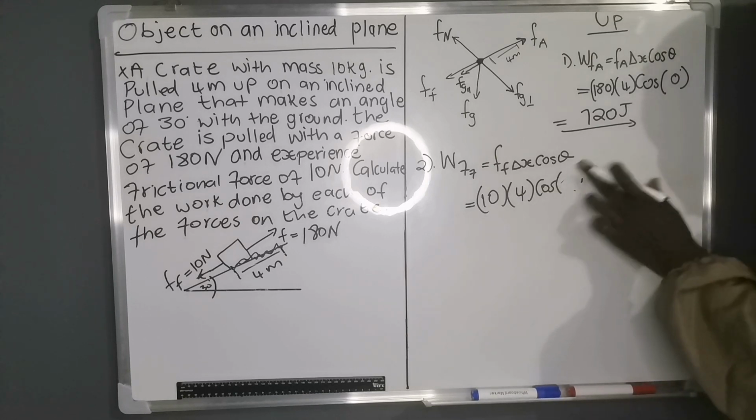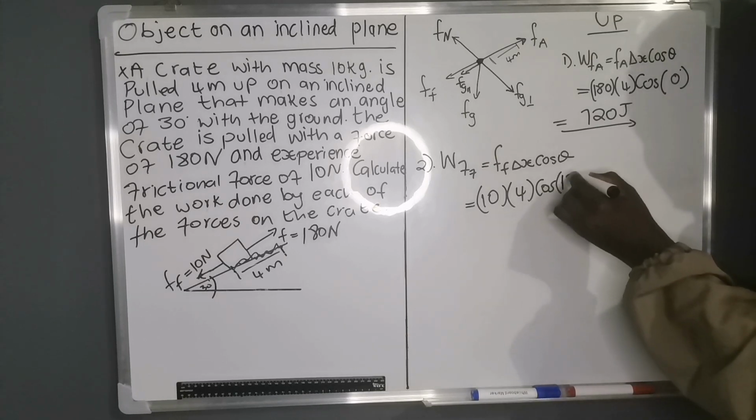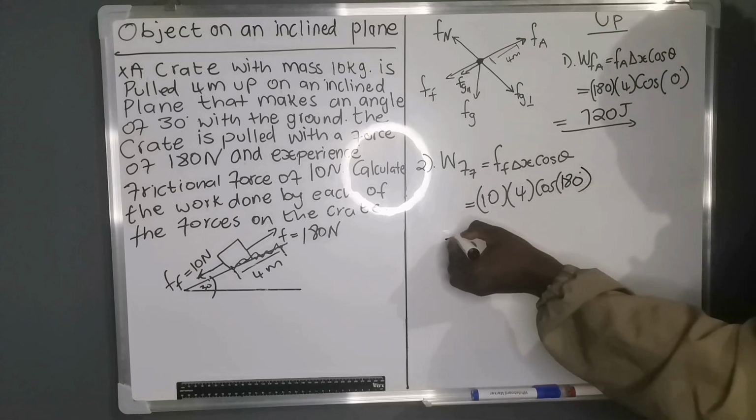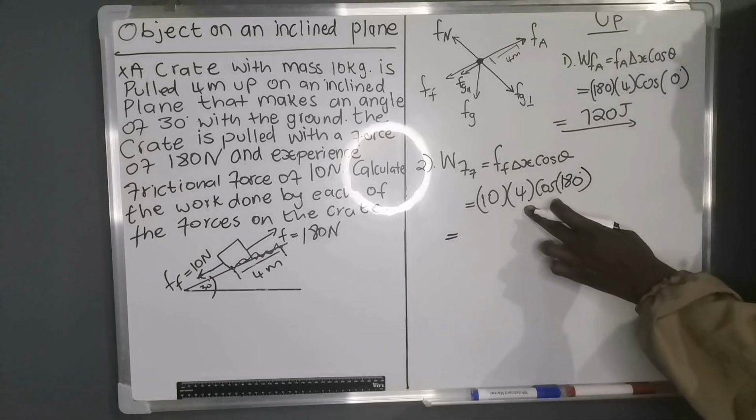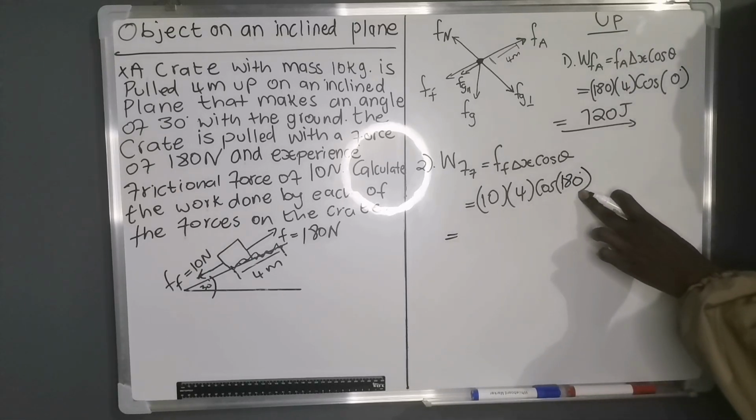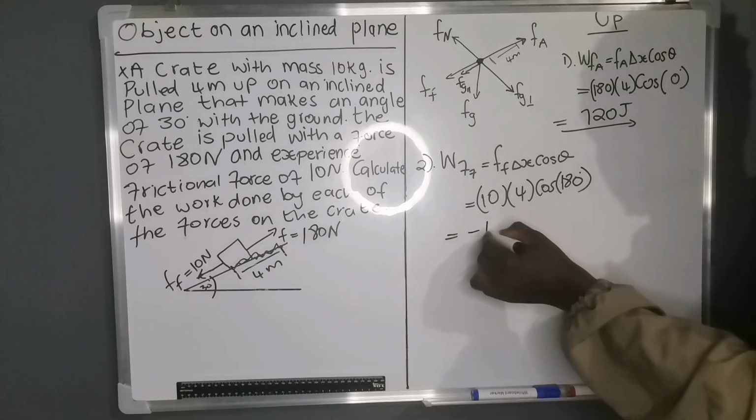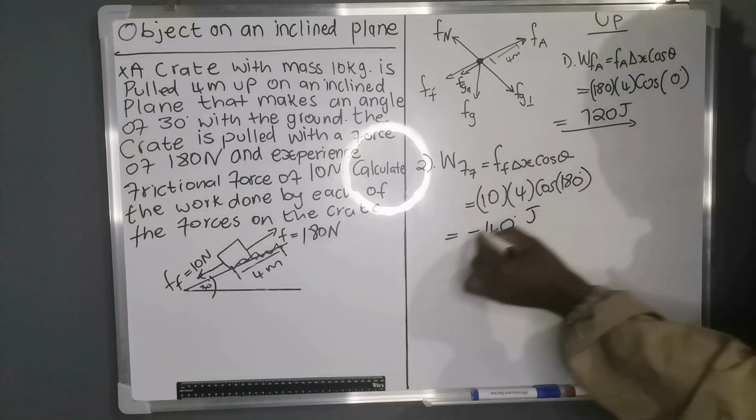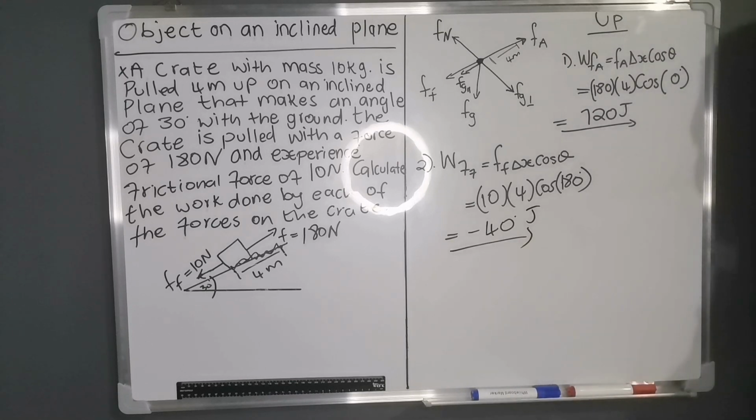Actually, it's going to be cos 180, not negative 1. Then it's 10 times 4, which is 40. 40 times cos 180 is negative 40, because cos 180 is negative 1. Yes, that's how we do it.